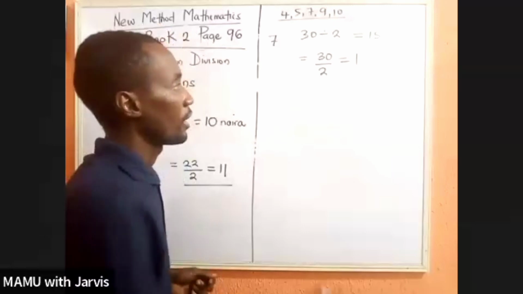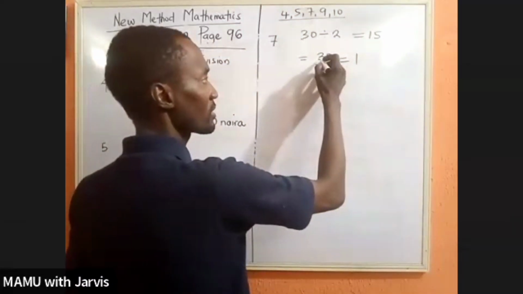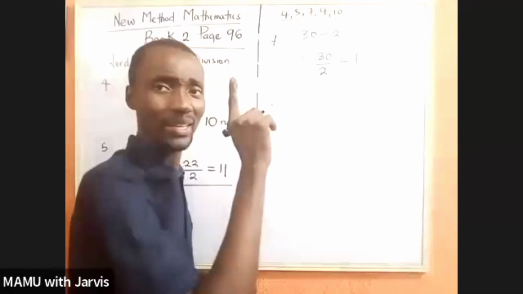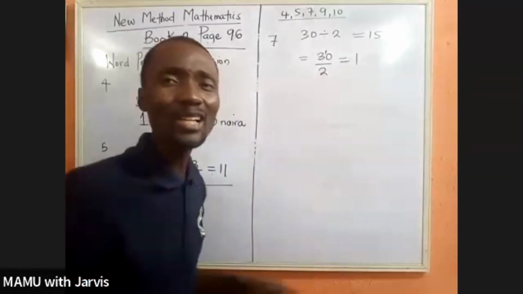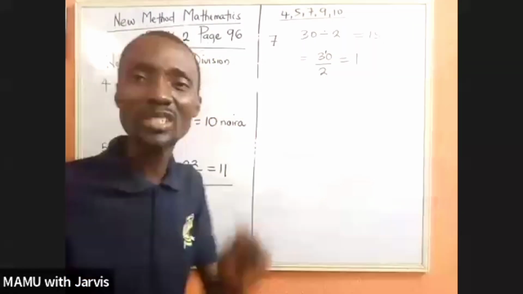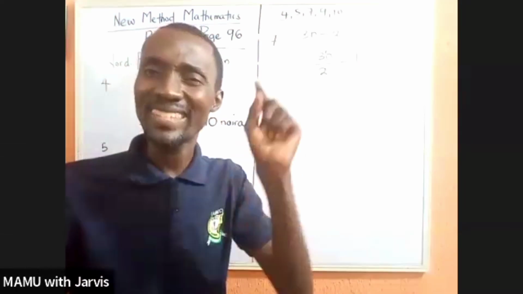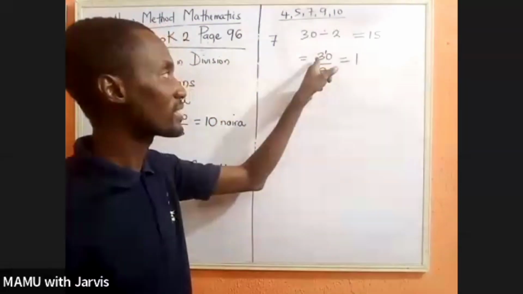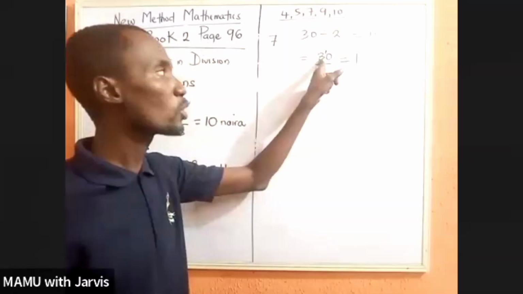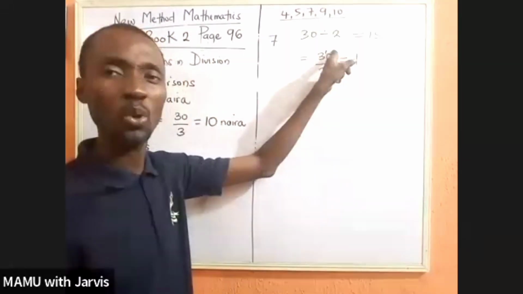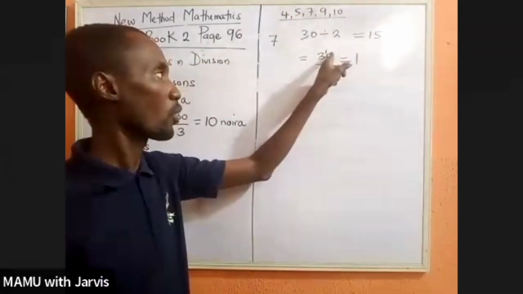Now, you discover that 3 minus 2 is 1, so I still have a carry of 1. So I'll bring that 1 here. But that 1 you're bringing here is not a 1. It is a 10. This is the tens digit, so anything you borrow from here will come here as 10.